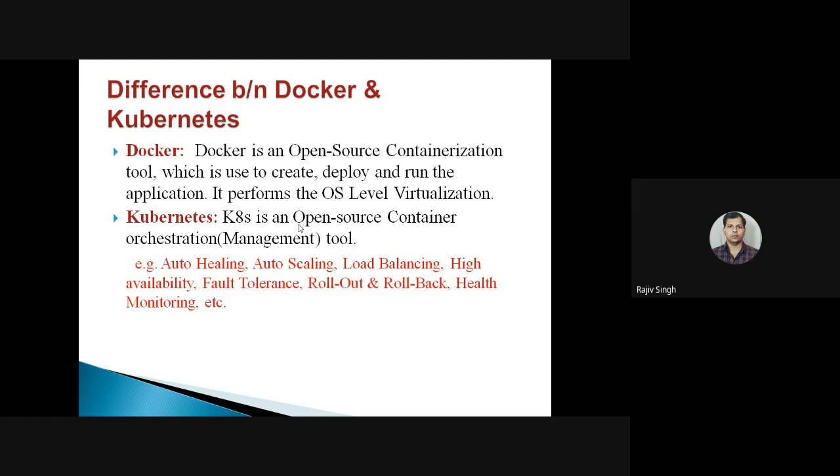Vertical scaling is nothing but increasing the resources in your existing machine. And if you are increasing the number of pods or containers, then it is known as horizontal scaling. So these are the functionalities provided by Kubernetes.